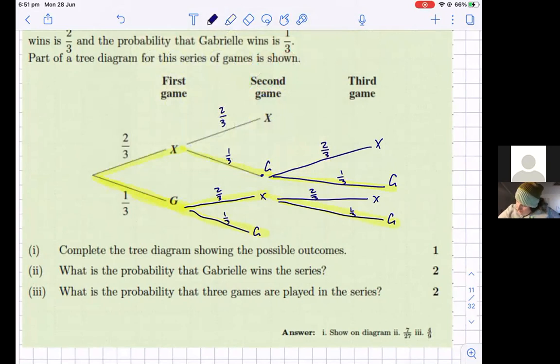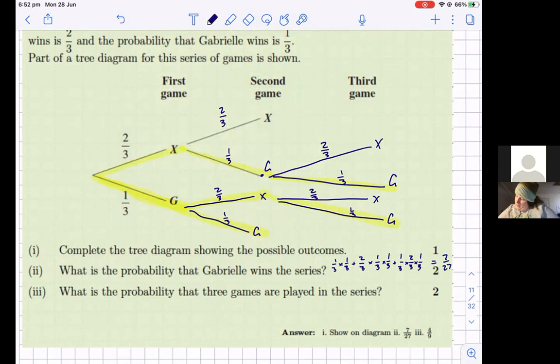So we've got 1/3 times 1/3 plus 2/3 times 1/3 times 1/3 plus 1/3 times 2/3 times 1/3. All up, that comes to 7 on 27.